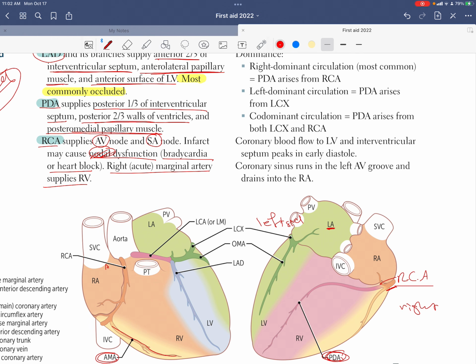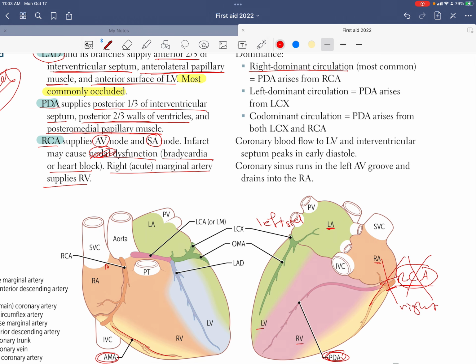Because this is the right side and this is the left side, okay? If it's coming from the right coronary artery, which lies on the right side, that means it's right dominance. So right dominant circulation is the most common, with the PDA coming from the RCA.